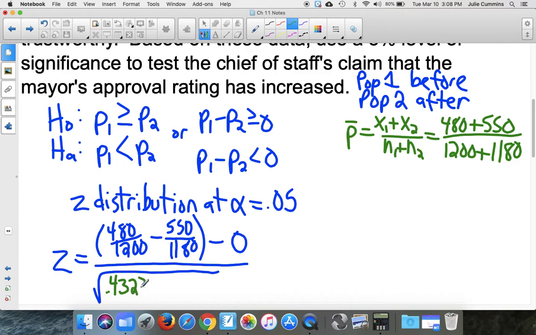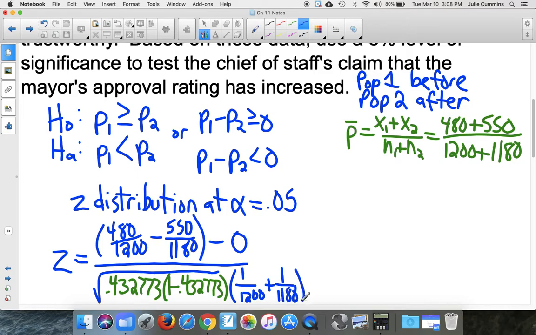0.432773. And then we have 1 minus 0.432773. And then what else is under here? The rest of the formula is 1 over n1, which was 1200, plus 1 over n2.